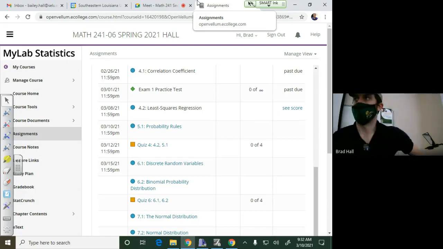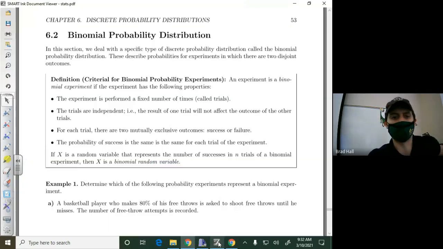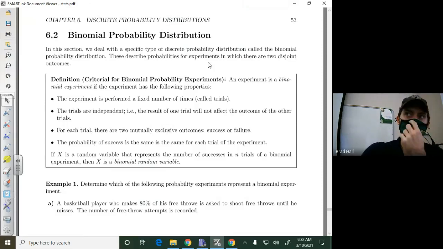So let's go ahead and get started with the new material, which is the binomial probability distribution. With this section, we're dealing with a specific type of discrete probability distribution. These experiments are specific in the sense that their outcomes are Boolean.